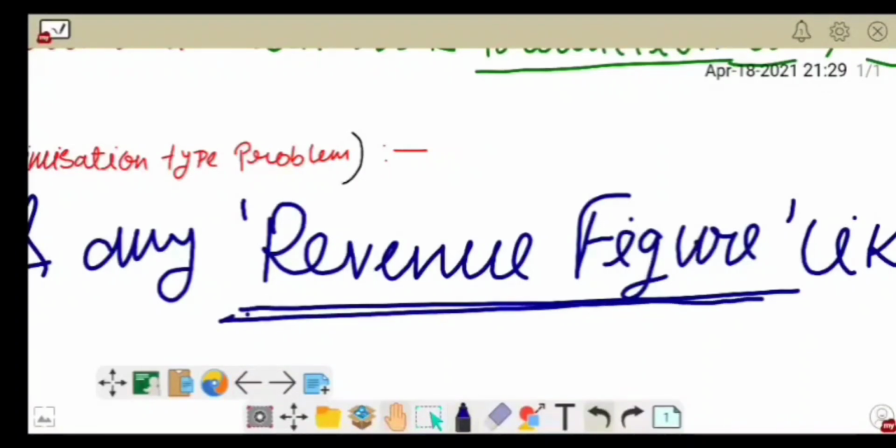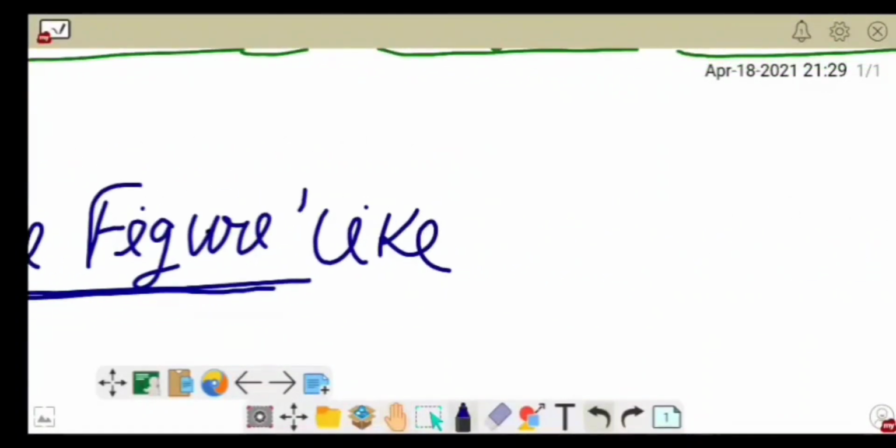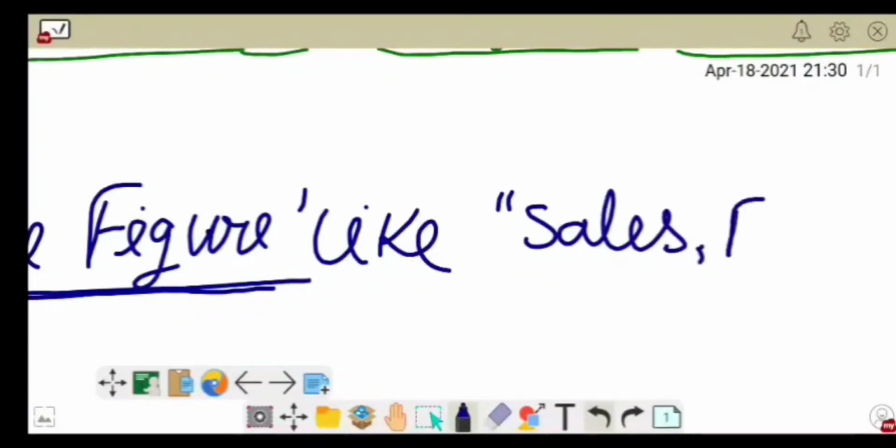So what kind of revenue nature words? That is profit revenue figures like sales, EBIT.